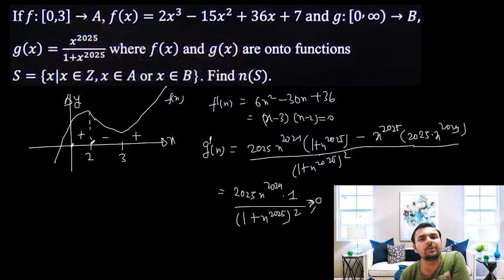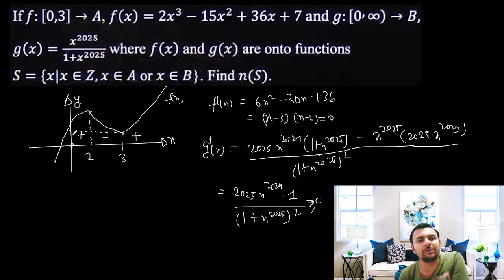At 2, the value is small, but it is maximum going to 1. At 3 also it is similar.